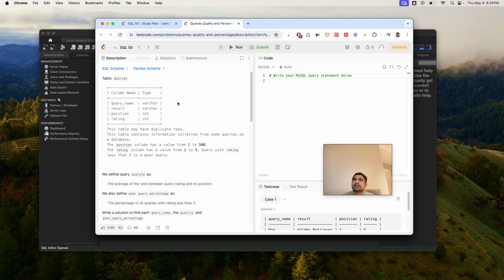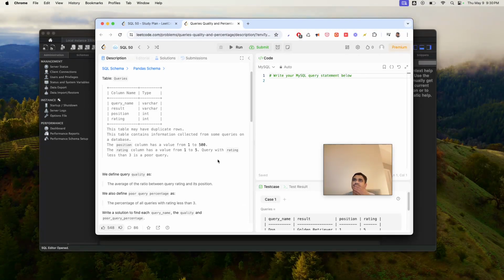This table may have duplicate rows. That's the first statement here. The columns are query name, result, position, rating. This table contains information collected from some queries on a database. The position column has a value from 1 to 500.